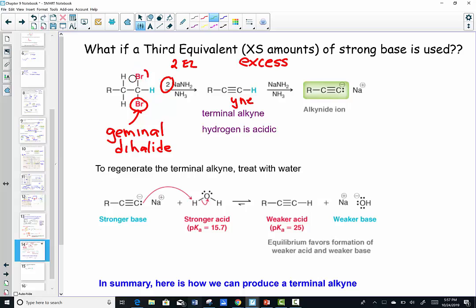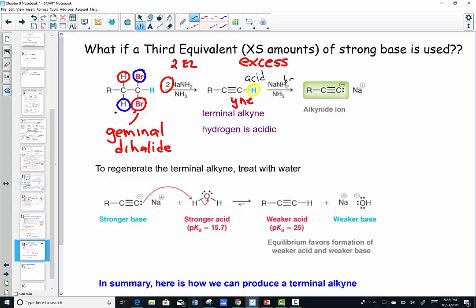Step number 1, just to remind ourselves, the base removes an HBr in the first step, forming an alkene. And in the next step, it removes the second HBr in the beta position compared to the bromine, and we form the triple bond. But now remember, we just learned that this proton at the end of a triple bond is very much an acidic proton.